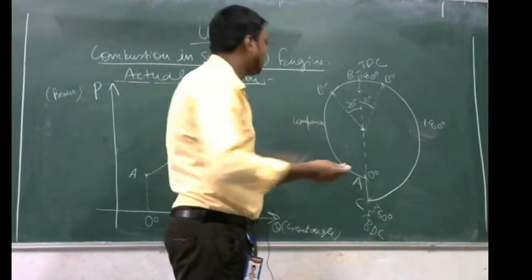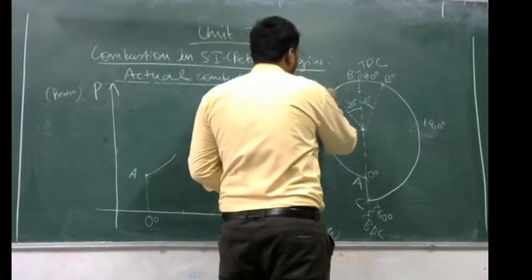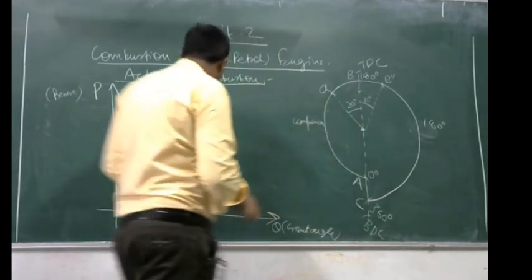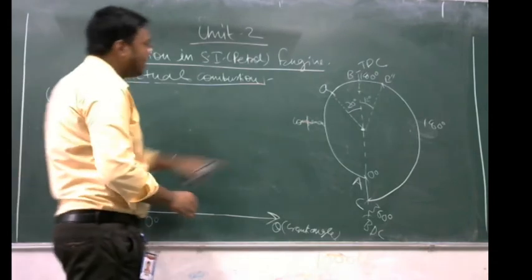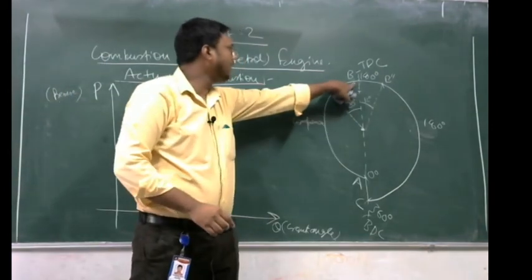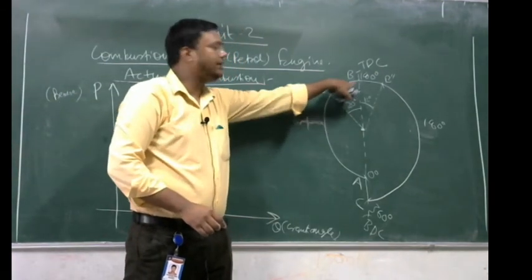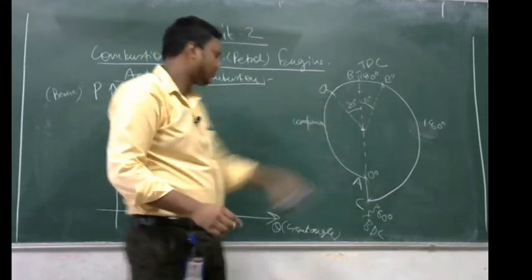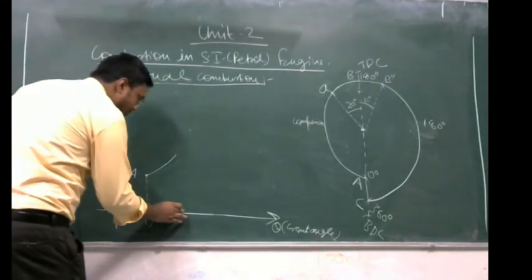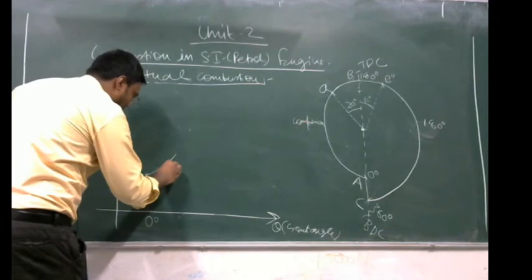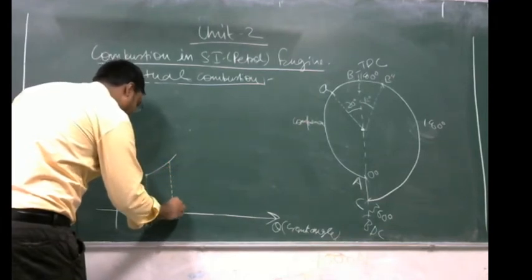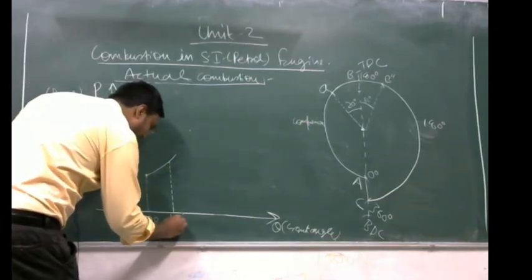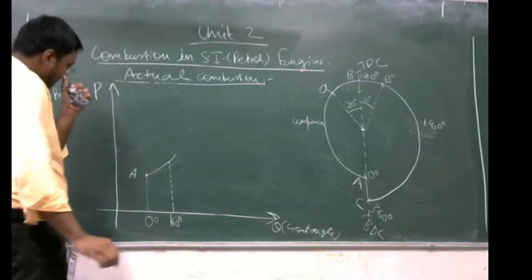After 0 degree, as I told you, 20 degrees before the compression completes, sparking starts. Let us say this is point small a. Here 20 degrees means 180 degrees minus 20 degrees, which is 160 degrees. So at 160 degrees, let us assume this is the point, sparking starts.